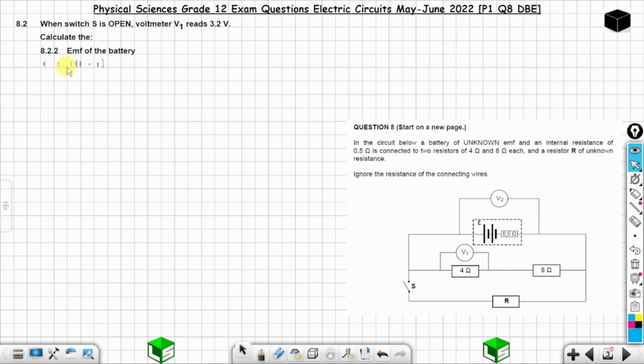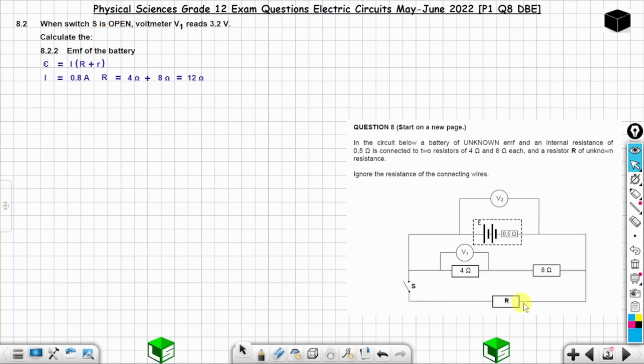So we are going to use this formula to find the EMF of the battery. You have the current from the previous question, 0.8 amperes, and you have the external resistance, which is 4 ohms and 8 ohms, 4 plus 8. This is a series connection. So 4 ohms plus 8 ohms, you have 12 ohms. Remember, switch S is open.